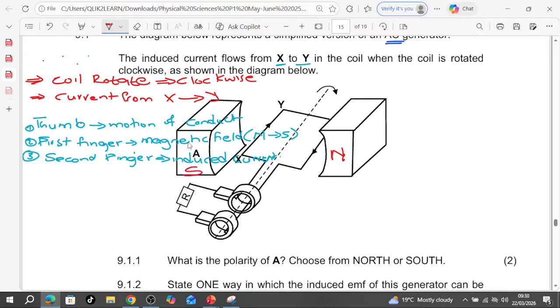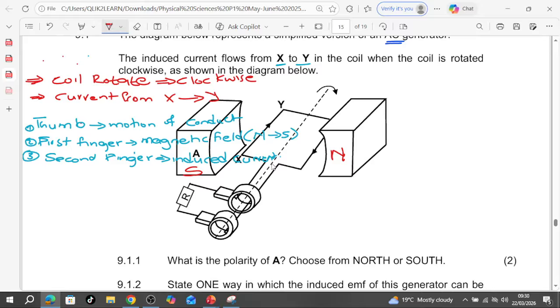So how did we get the north on the right and the south on the left? Because we are saying we need the field direction to make a current go from X to Y.